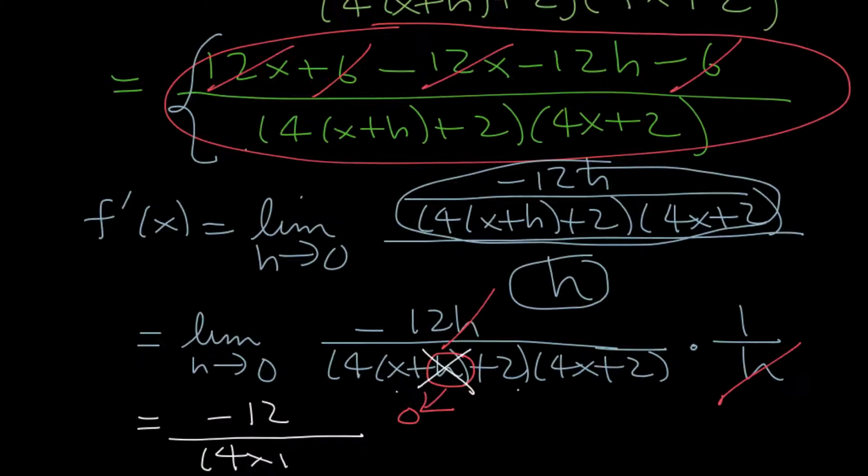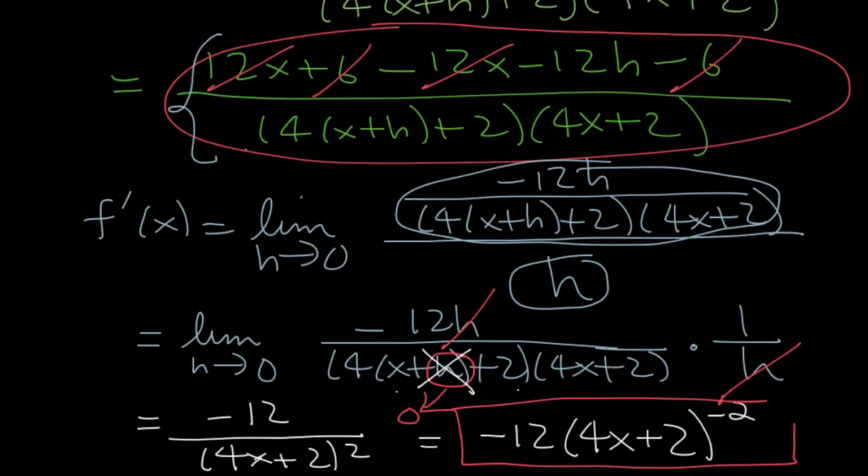We get 4x plus 2 quantity squared, or if you like, minus 12 times 4x plus 2 to the minus 2. And if you did the derivative using rules for differentiation, you might have seen very quickly that this is the answer. We found it by actually using the definition of the derivative, and that concludes this problem.